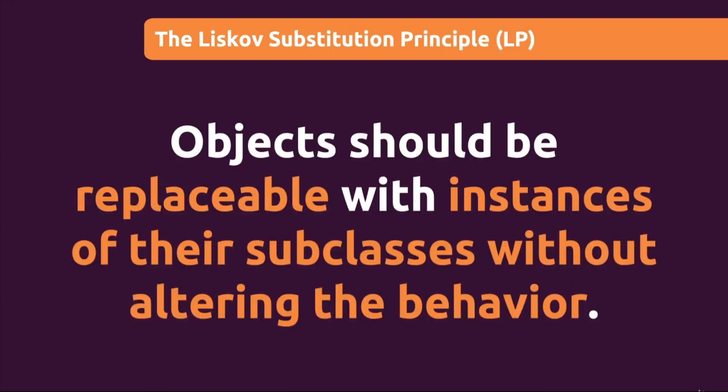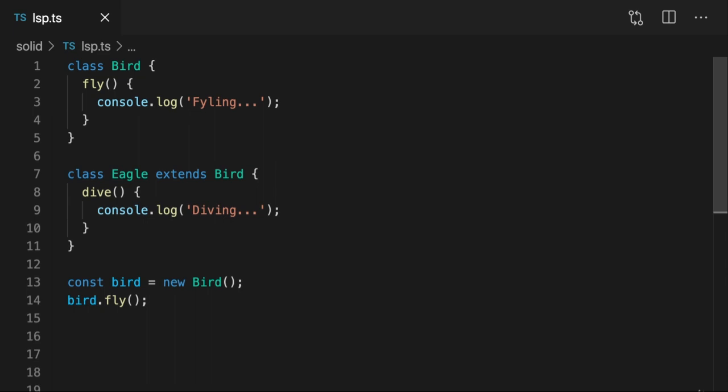The Liskov substitution principle basically says that objects should be replaceable with instances of their subclasses without altering their behavior. Now, this is a very abstract sentence. What exactly does it mean? Here I again got an example.